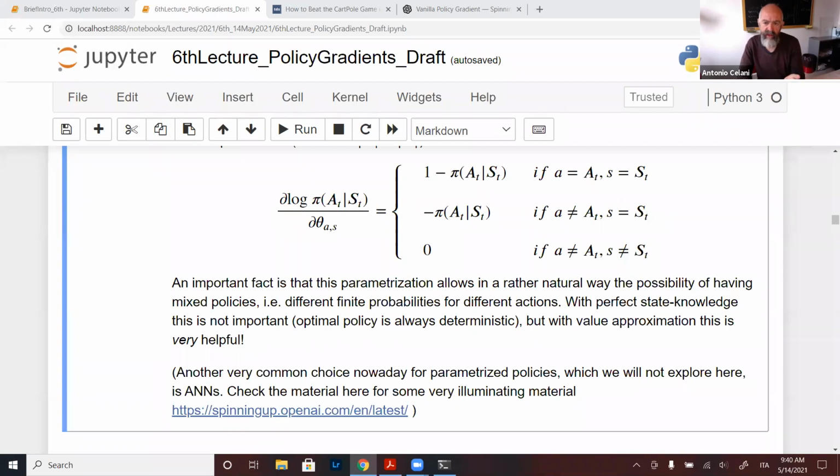But this means that if you pick an action, it will be credited proportionally to what I get, and the other actions will be the opposite. So what I didn't take gets the blame for not having been taken, and vice versa. This is another way of interpreting these terms.